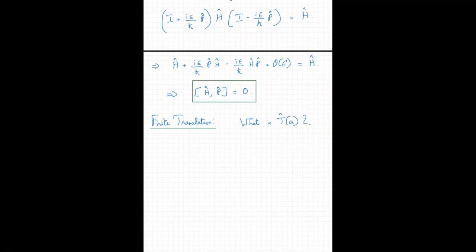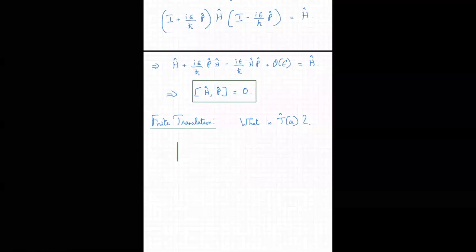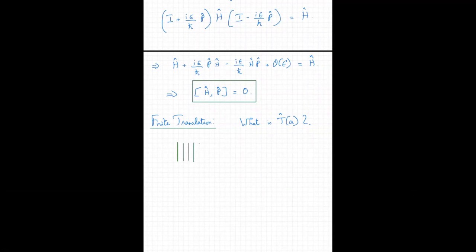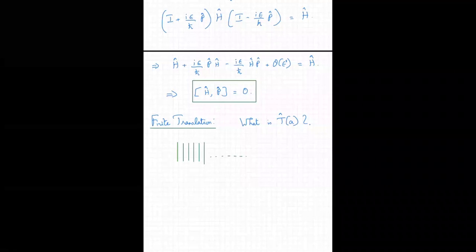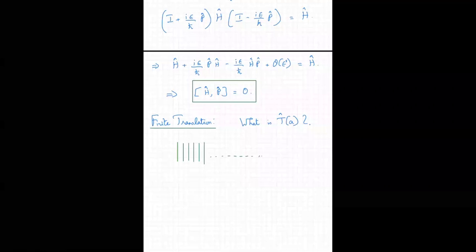Okay, the way I will answer this question is by saying that, look, since it is a continuous transformation, I can always get to a finite translation by doing a whole bunch of infinitesimal transformations. So if I'm originally over here, I'll go over here, I'll go over here, and I'll keep going until finally I get to where I want.